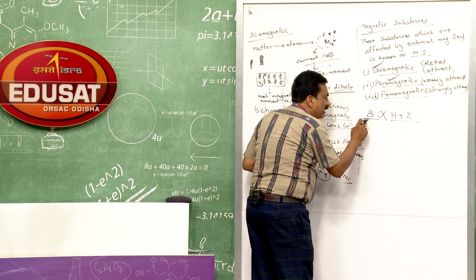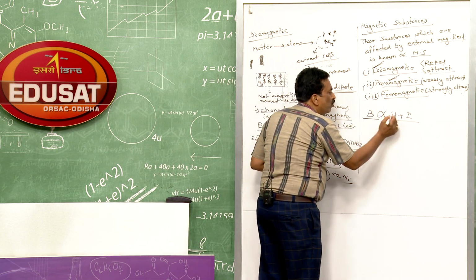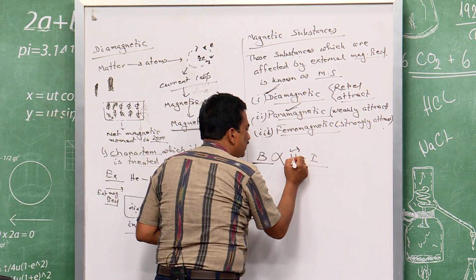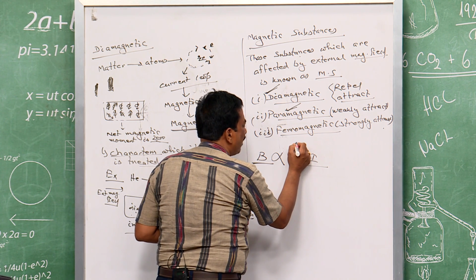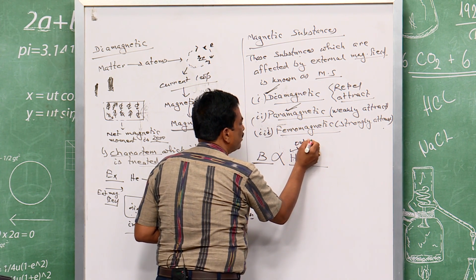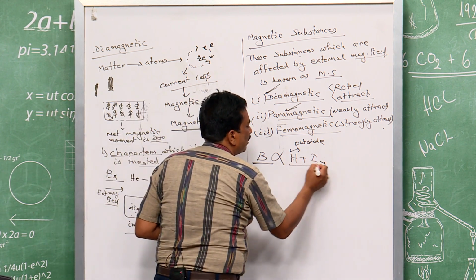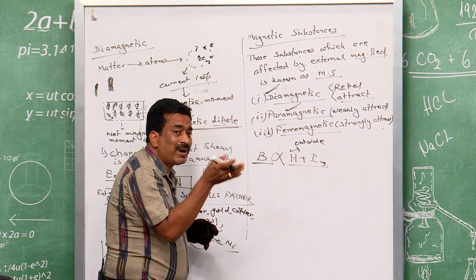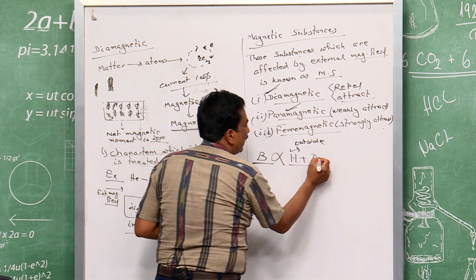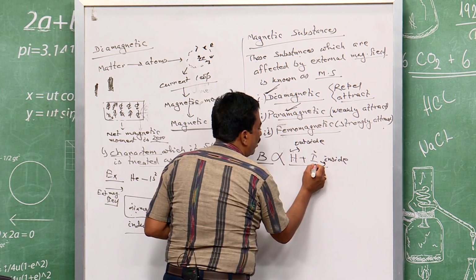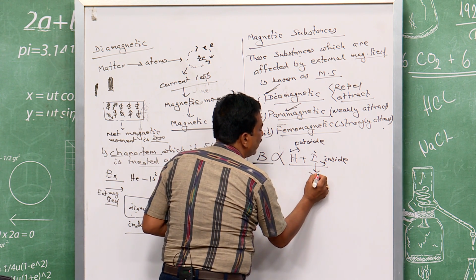Therefore, the net magnetic intensity will be the sum of H plus I. H is the outside one, which we are providing. I is what is developed due to that, the inside one.